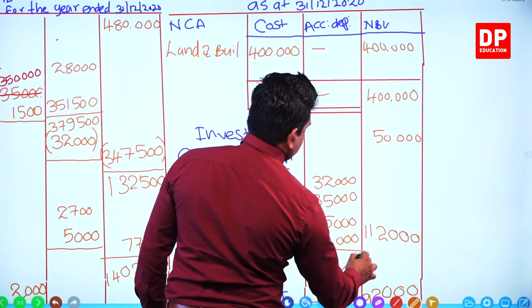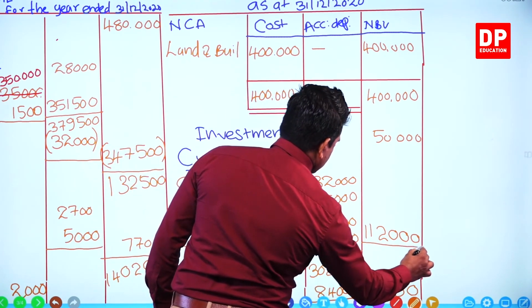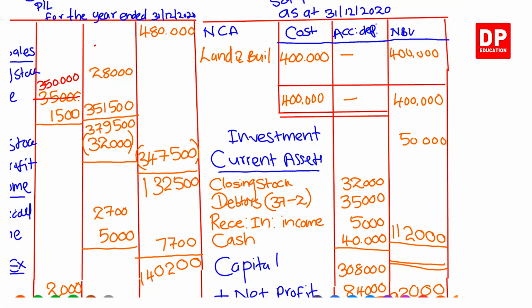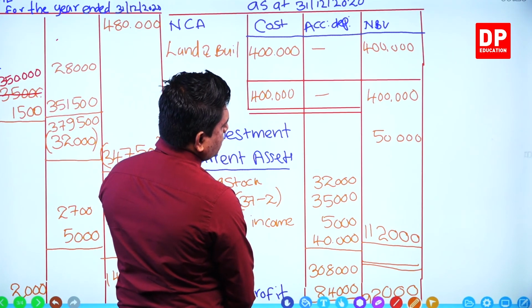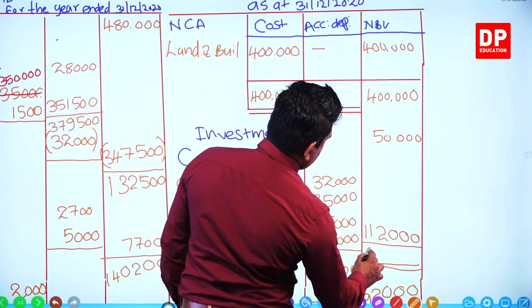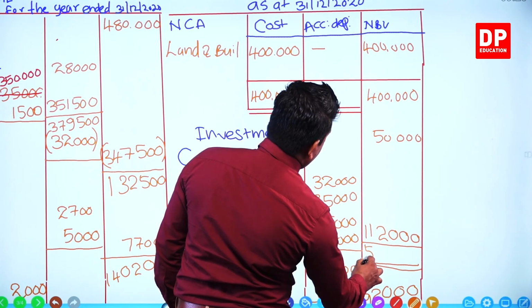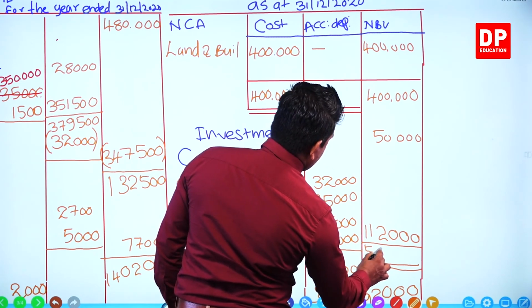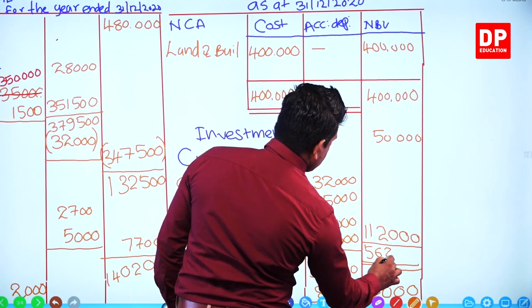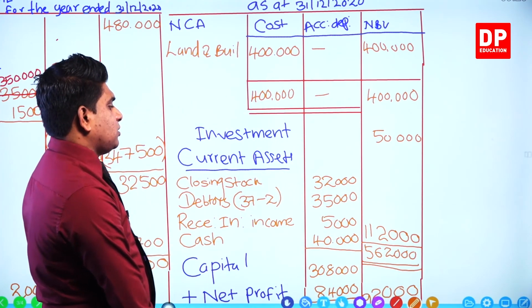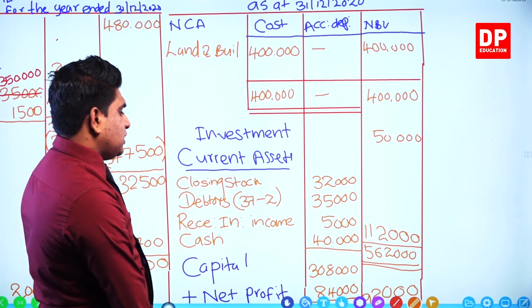Then finally you get the total asset side finished, $562,000. Check whether it's correct or wrong. That's the same way.